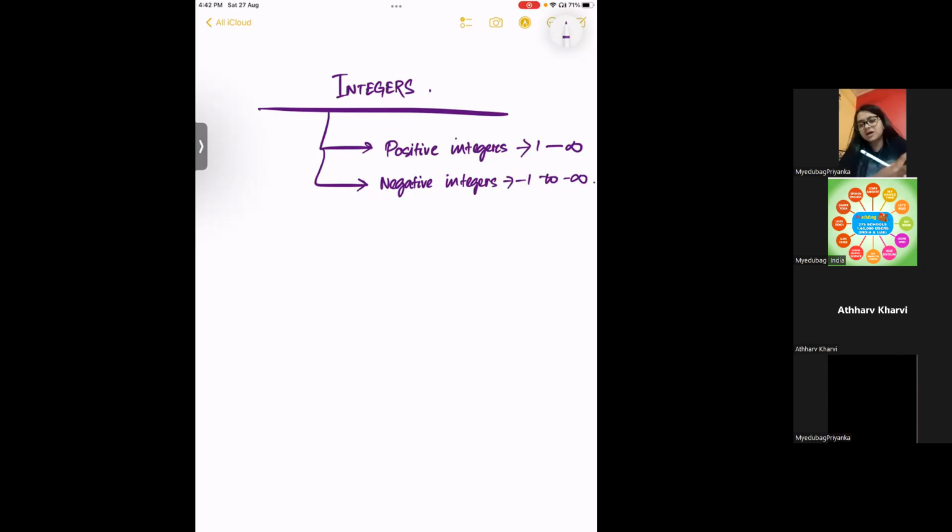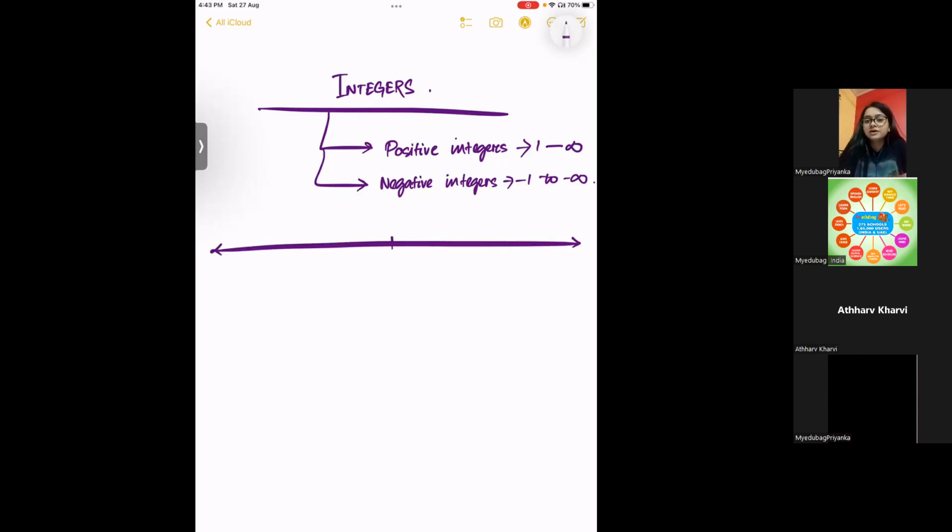There is a graphical representation which we generally use to represent the positive integers and negative integers. How can you represent them? A number line. In a number line, we can represent the positive integers as well as negative integers.